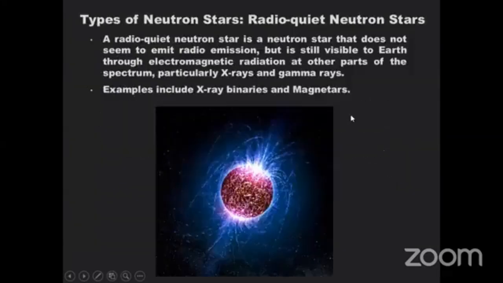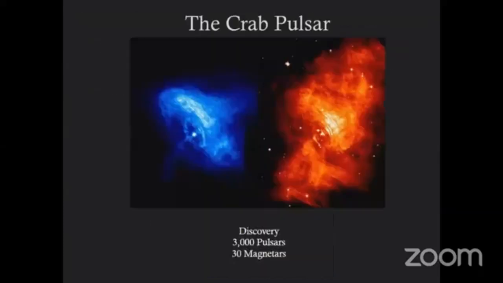So now how about radio quiet neutron stars? Radio quiet neutron stars are neutron stars that do not emit radio waves. They emit other higher energies like X-rays, gamma rays, even visible light, but they do not emit radio waves. That's why we call them radio quiet neutron stars.